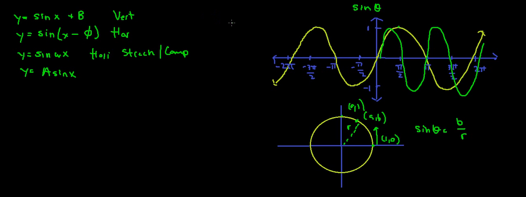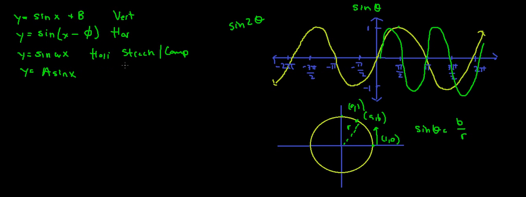But if I had sine of 2 theta, then that means I would have gone around it twice. So this graph should make sense. So I've gone around it, this is what I would have gone around it once, but I've gone around it twice.